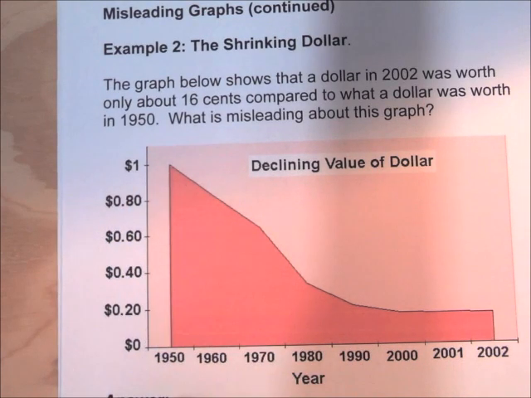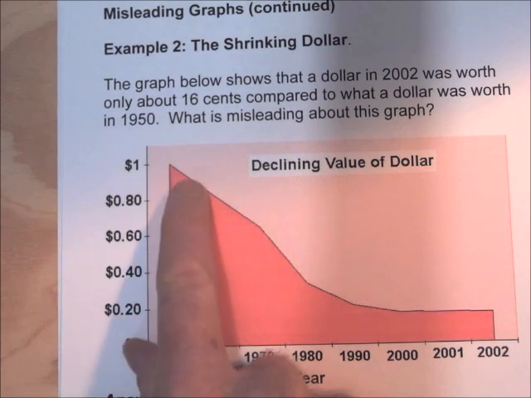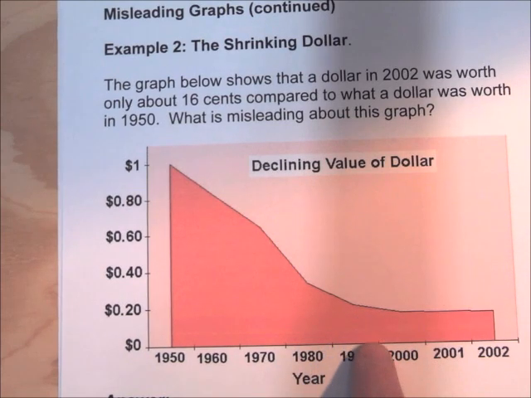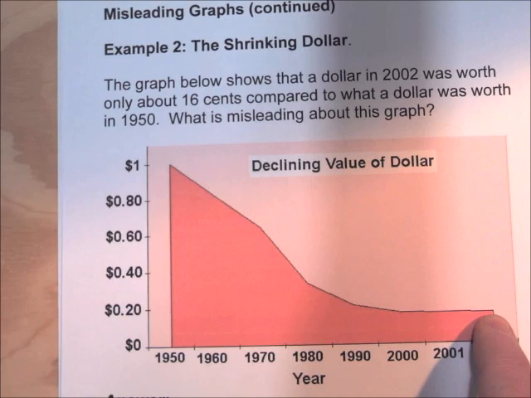But by 2002, it looks like it's under 20 cents, maybe about 18 cents worth of stuff. So it looks like the dollar value declined very steeply from 1950 until about 1990, and then after about 1990 it looks like it leveled out.